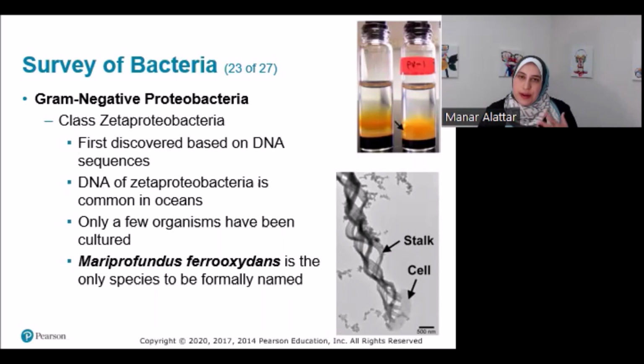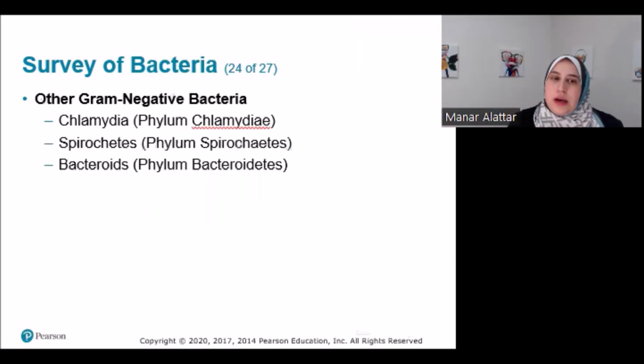Some other gram negatives. Essentially, there are a couple of phyla of gram negatives that just don't seem to fit within those other groups that we have mentioned so far. From a genetic perspective, they just don't align very well with any of the other groups.